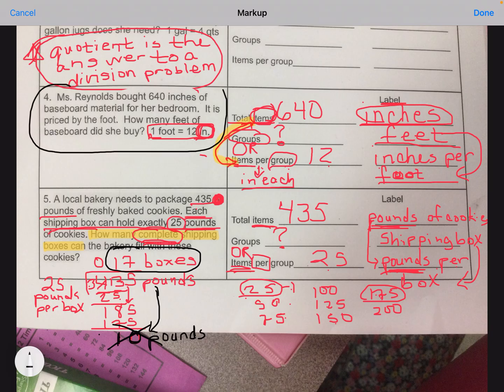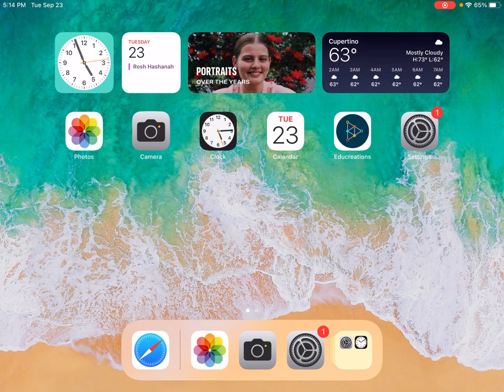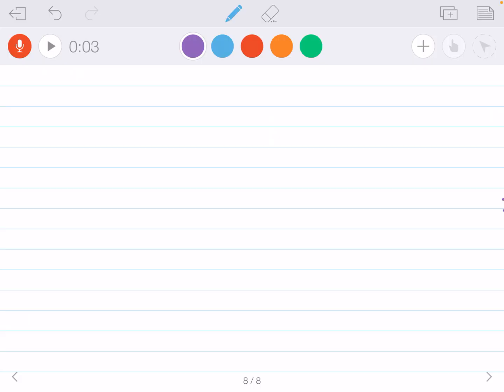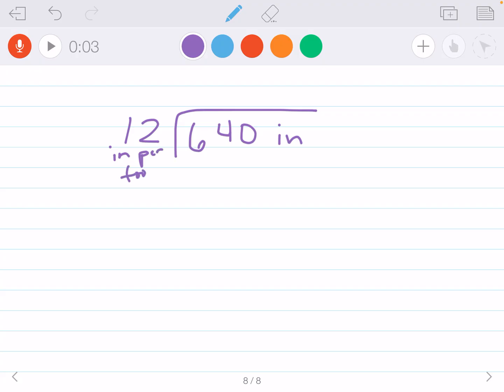All right, let's go look at this Ms. Reynolds question, though. On another page, we're going to actually do the division. I'm going to talk to you about the remainder here, okay? So we want 640 inches. I don't know what's going on with that, so let's just start over. 640 inches, and we knew that there were 12 inches per foot, and we want to know how many feet of boards.